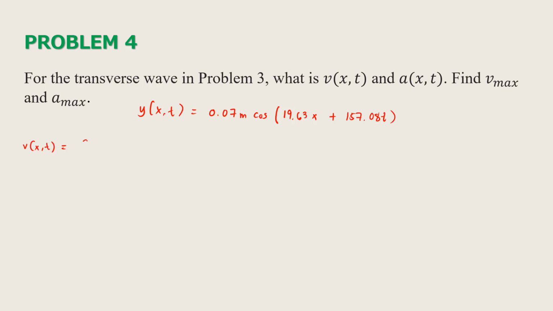So to find the velocity, we just have to take the partial derivative of the displacement function with respect to time. So therefore, we have 0.07 meter, and then the derivative of cosine is minus sine.